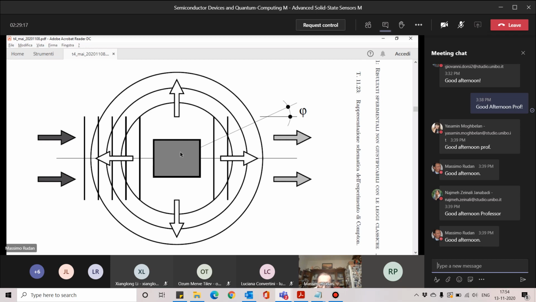So we shall have a spherical radiation also in the direction normal to the page. And this radiation must have the same frequency as the impinging radiation.